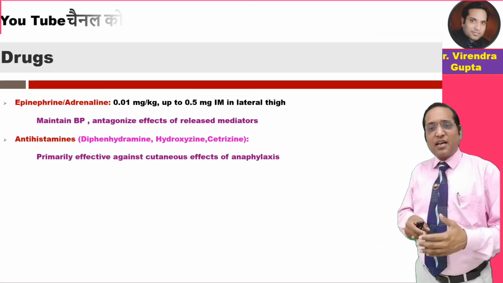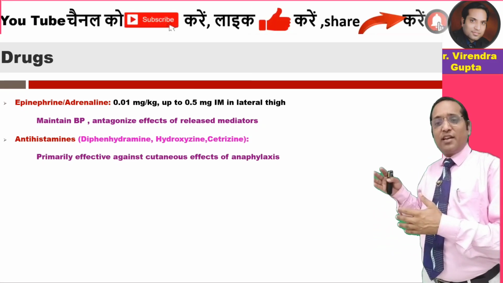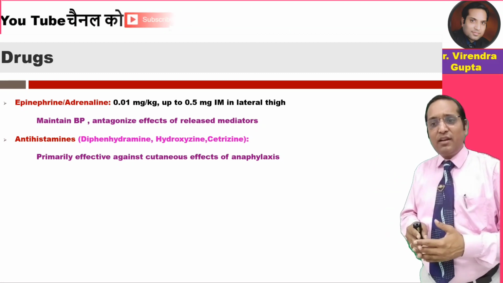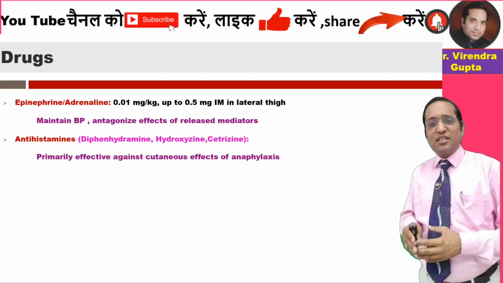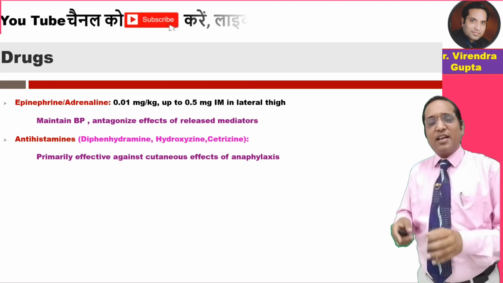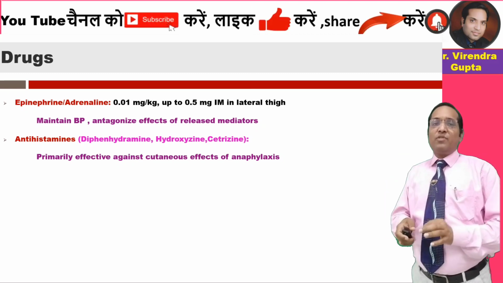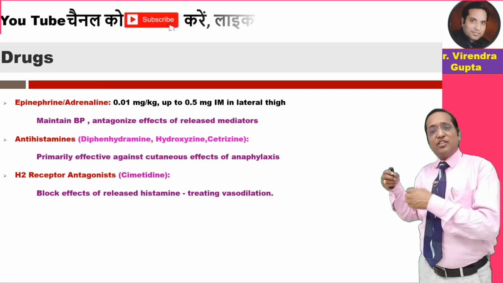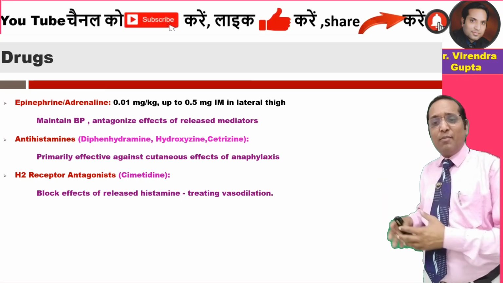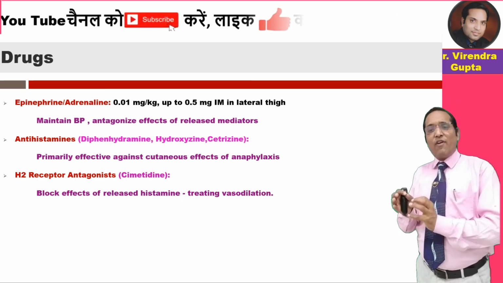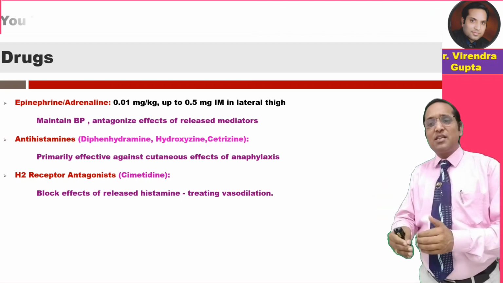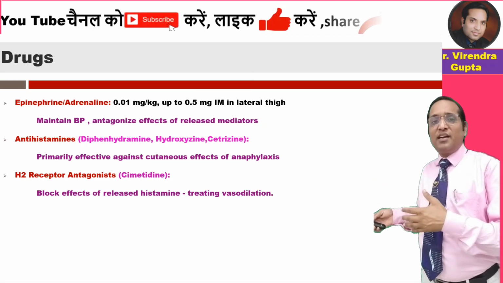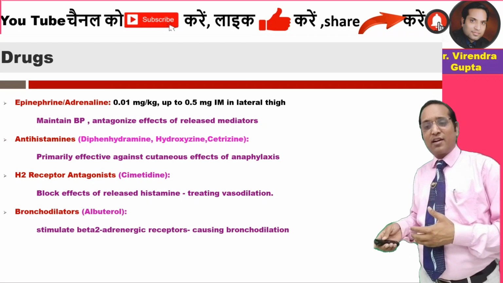Other drugs are the H1 antihistaminics, such as diphenhydramine, hydroxyzine or cetirizine. These primarily act against the cutaneous or dermatological effects of anaphylaxis. And H2 receptor antagonists like cimetidine block the effect of the released histamines and act by treating the vasodilatory effects.